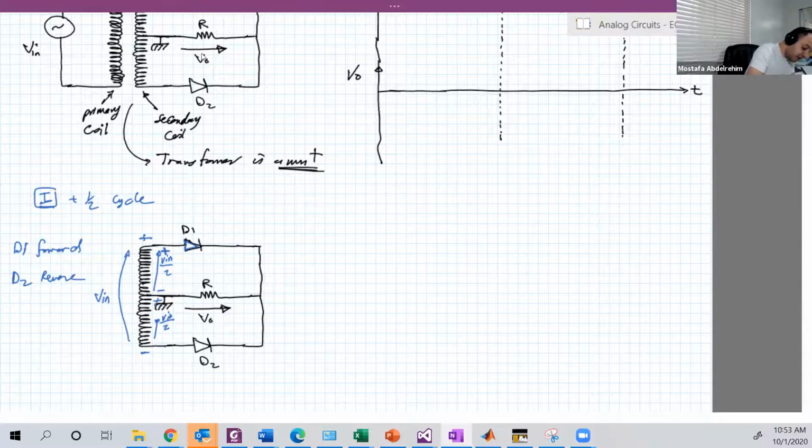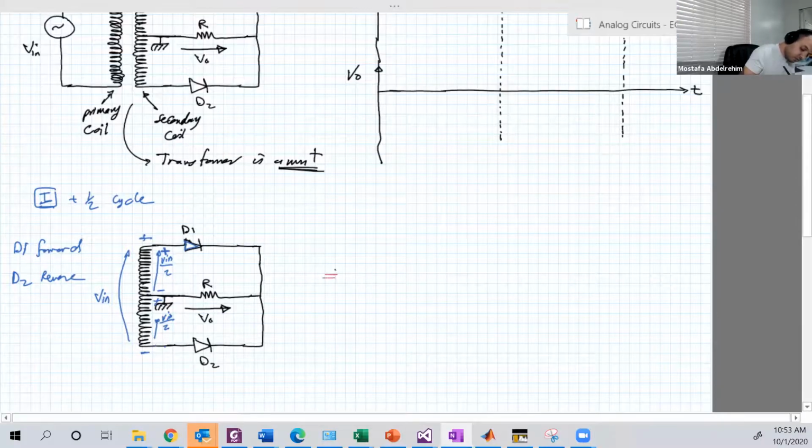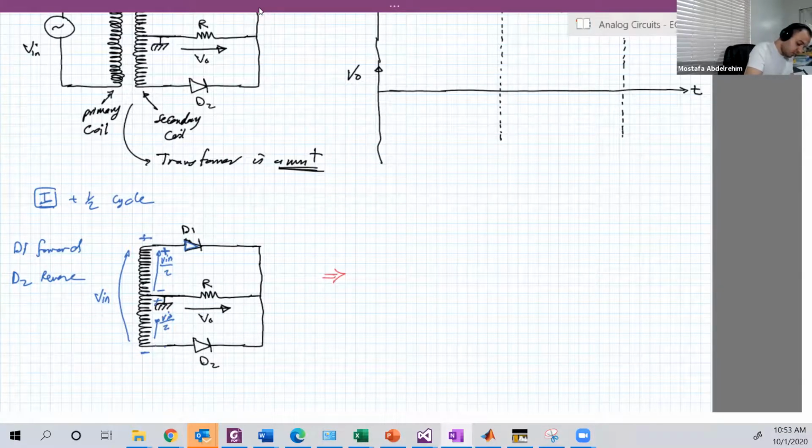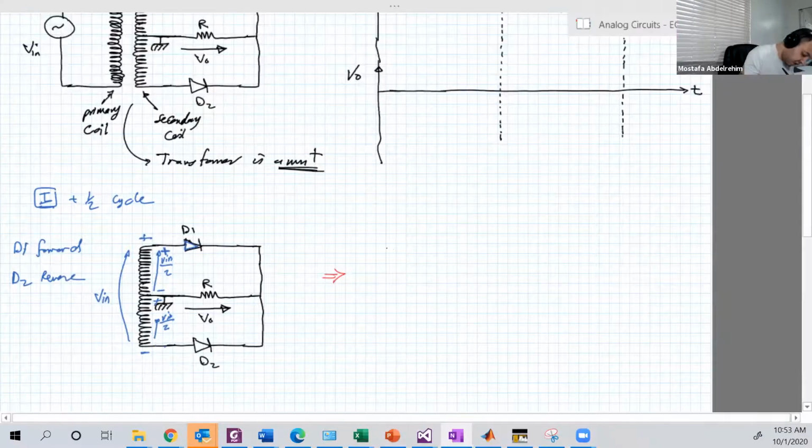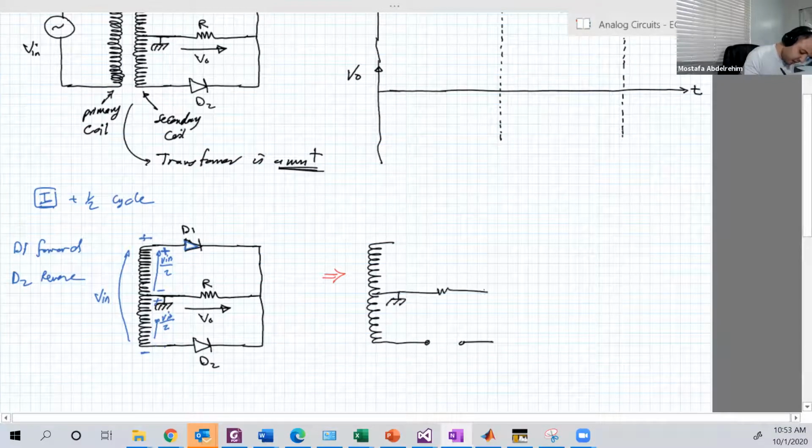So we can modify the circuit or redraw it in that way. Open circuit here. Then we have here the center tape. We have VO.